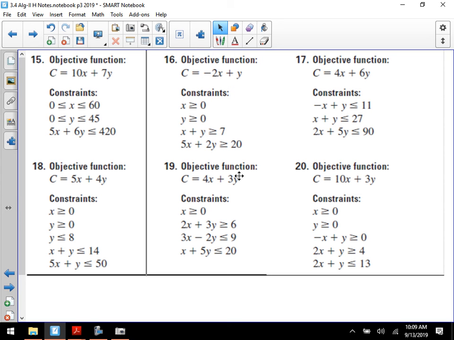Does everybody see how in 15 you're bounded between 0 and 60 for x? Those are vertical lines. You're bounded between 0 and 45 for y. Exactly. So here's the idea. Everybody agrees that it's going to be first quadrant, I'm assuming.